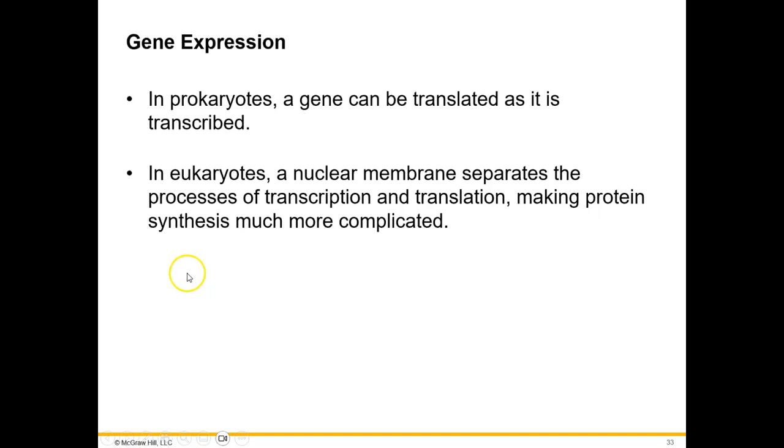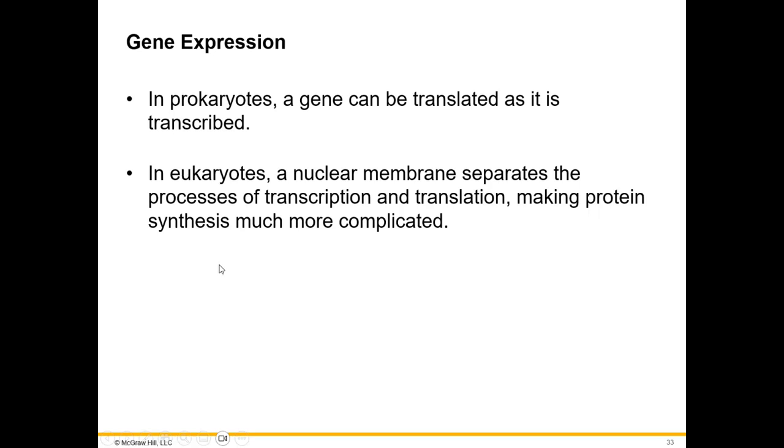Also, in prokaryotes, once again, they're so simple. A gene can be translated as it's transcribed. So it's kind of a one and done process in that circular ring of DNA. In eukaryotes, we have that nuclear membrane that's separating the processes of transcription, where we're copying the DNA into RNA, and translation out in the cytoplasm on a ribosome, where we're making that protein.